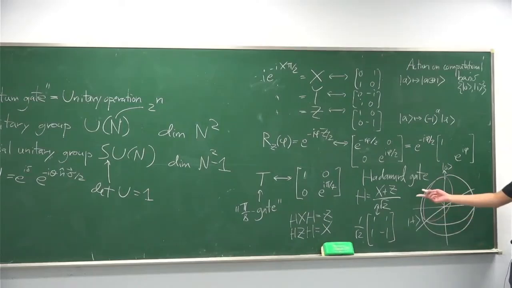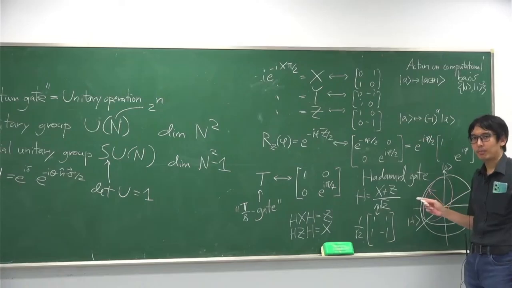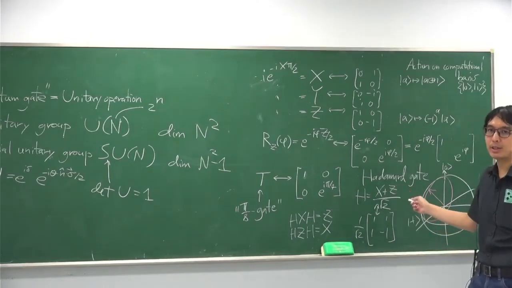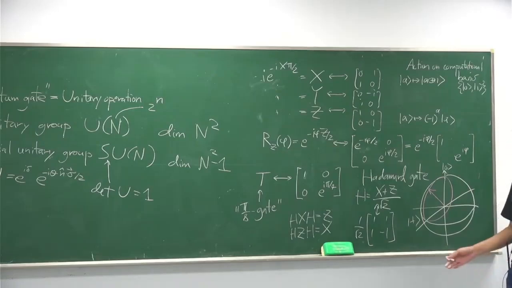The special thing about the Hadamard gate is that it's defined such that it's a pi rotation, so it squares to the identity. So it's the same as the Pauli matrices, which square to the identity.